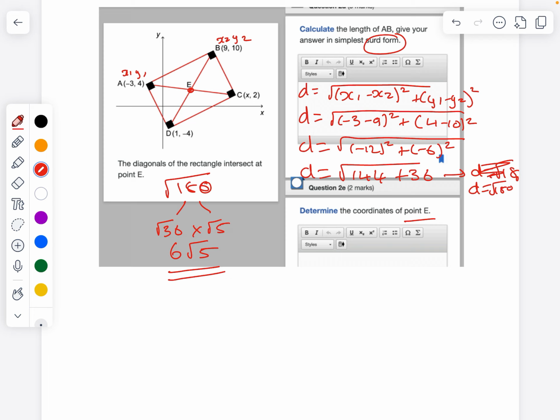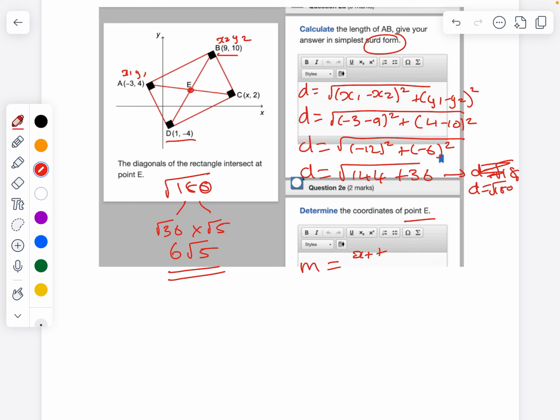Right, and then this next question wants us to determine the point E. Well, E is the midpoint between A and C, or B and D. So we just need to work out what the midpoint is. You can choose your points, completely up to you. So I am going to choose the points that I know.